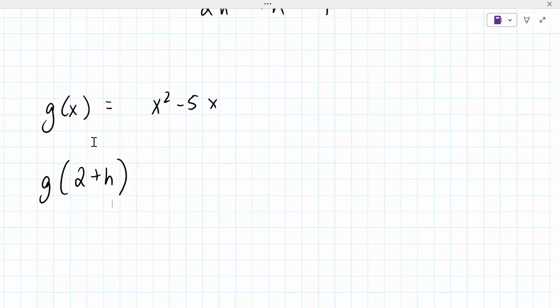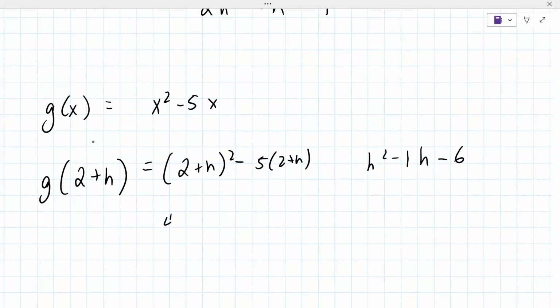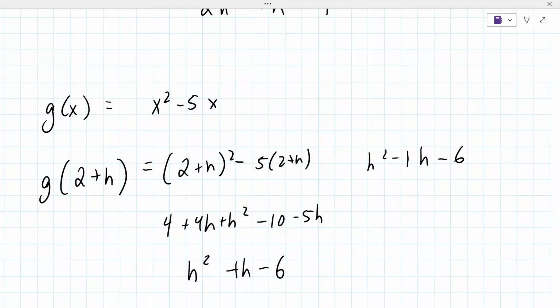Okay, I have h squared minus 1h minus 6. Like that? Yes. All right, let me just take a look here. 2 plus h squared minus 5 times 2 plus h. This becomes 4 plus 4h plus h squared minus 10 minus 5h. And I agree, you got the h squared minus 1h minus 6. Perfect. All right, good job.